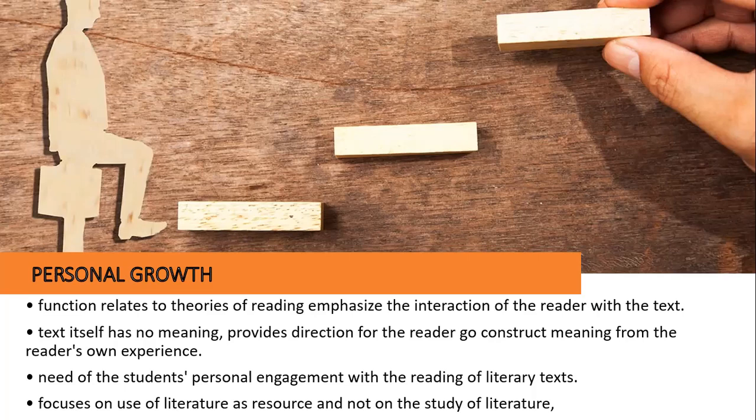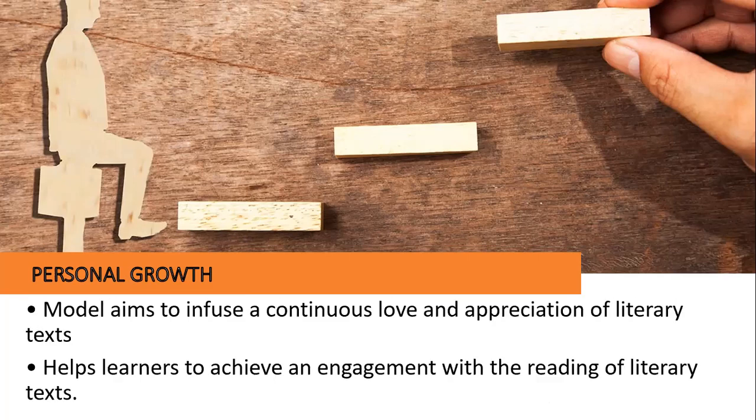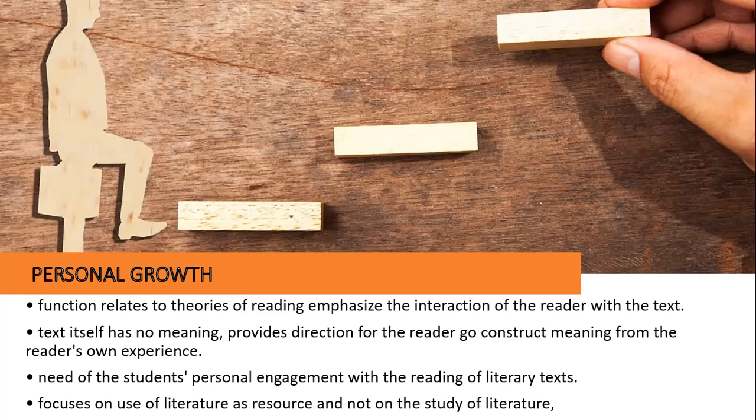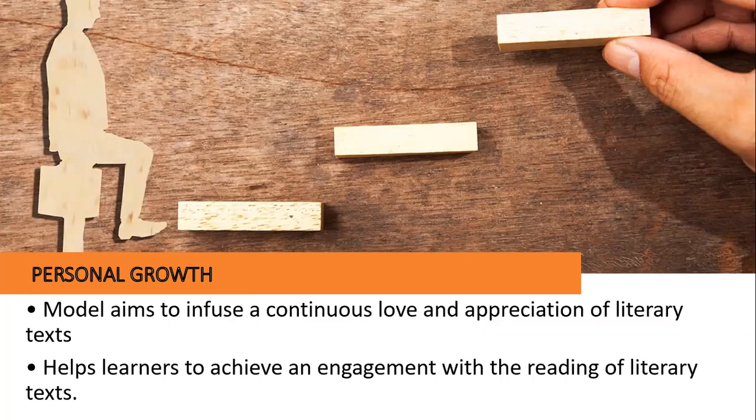So in the personal growth model, there is a need for students' personal engagement with the reading of the literary text. Okay, the students should focus on the use of literature as a resource and not on the study of literature. So how could we do this in teaching?